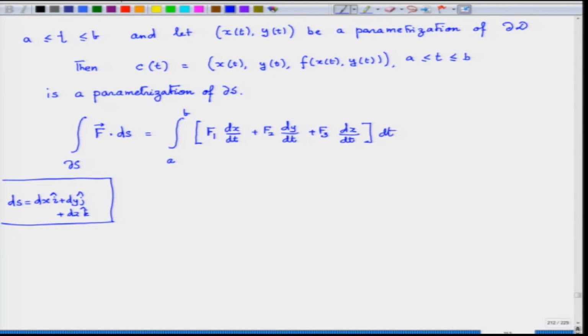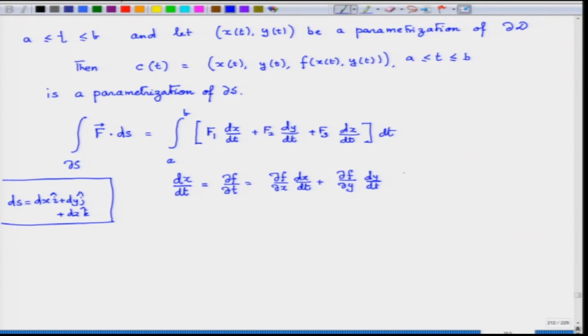Now, if I go by the chain rule, del z dt is equal to del f dt, which is equal to del f del x, x is just one variable with respect to t. So it is dx dt plus del f del y dy dt.